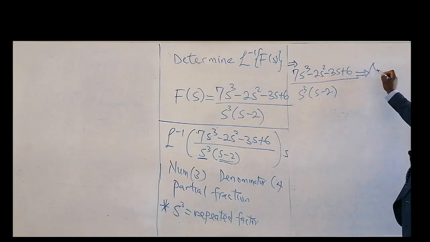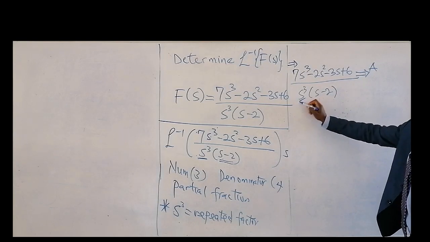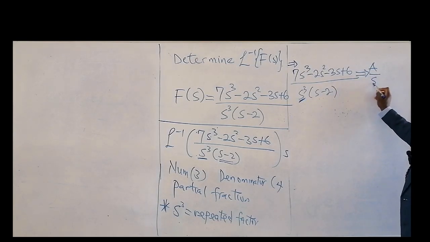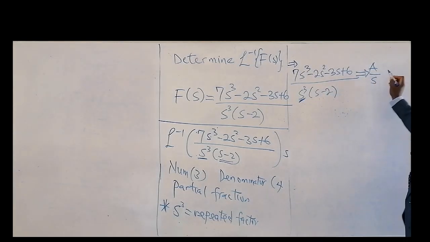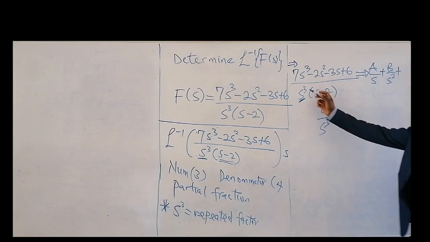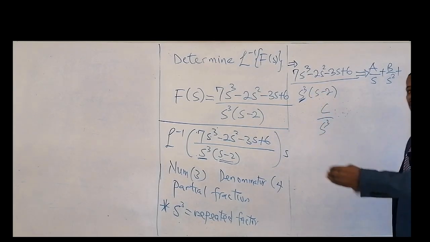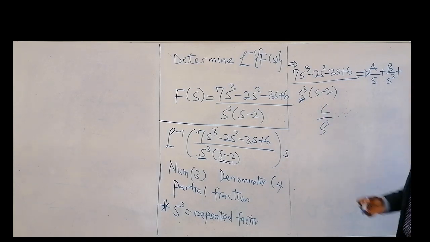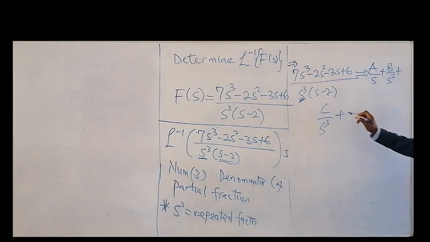When you have a repeated linear factor, you start with A, and the second one will be B over x squared, then plus C over x cubed. If you get to power 4, you continue x, x squared, x cubed, x to the 4. Then plus D over x minus 2.